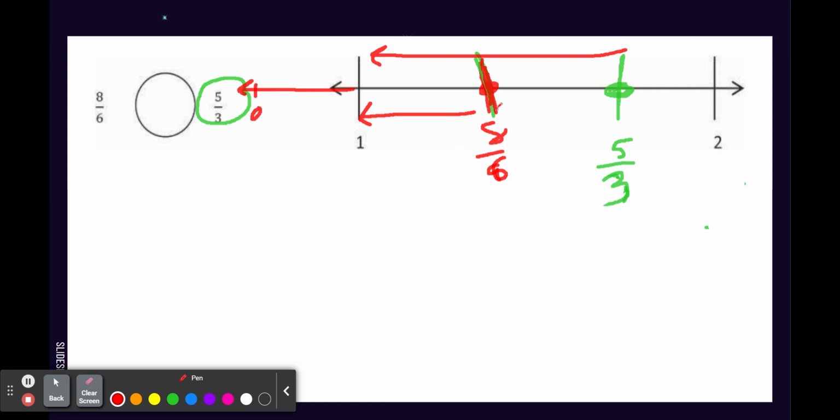So 8/6 is closer to 0 than 5/3. So looking at that, I can see that 8/6 is less than 5/3. So that would be my comparison statement. 8/6 is less than 5/3.